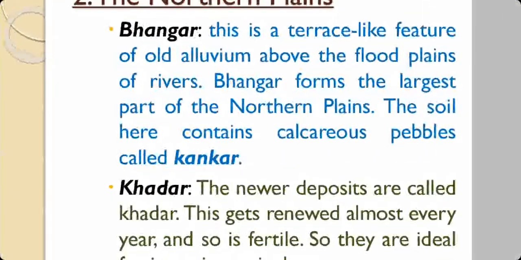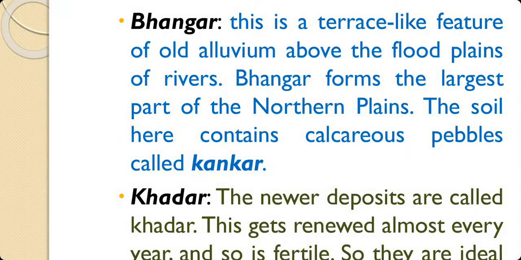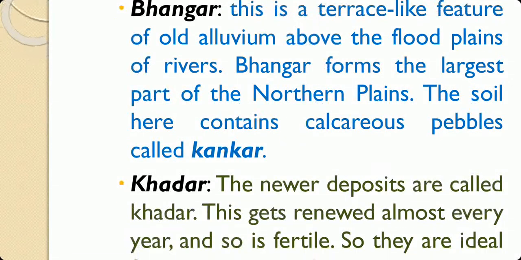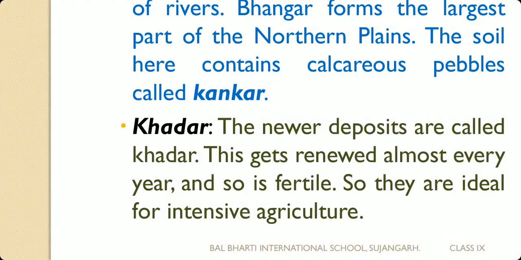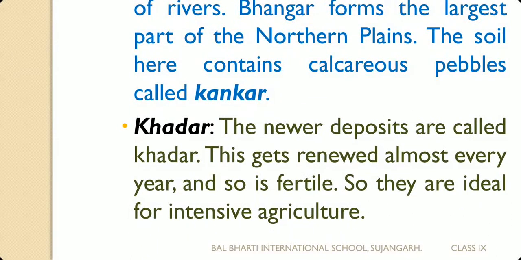Now let's see what is the meaning of Bhangar. This is a terrace-like feature of old alluvium above the flood plains of rivers. Bhangar forms the largest part of northern plains. The soil here contains calcareous pebbles called kankad. And Khadar is a newer deposit as compared to Bhangar. Bhangar is old alluvium, Khadar is new alluvium.